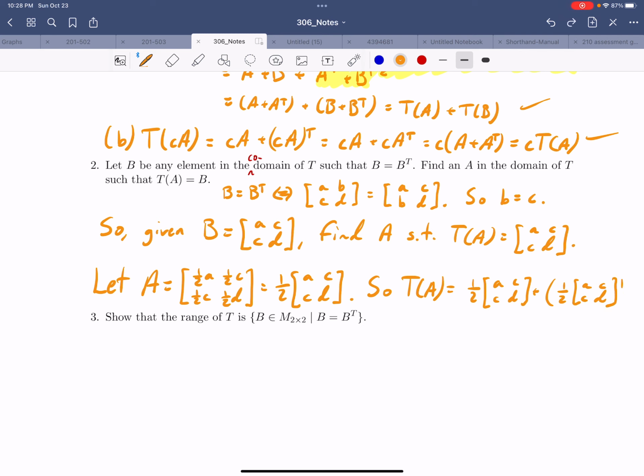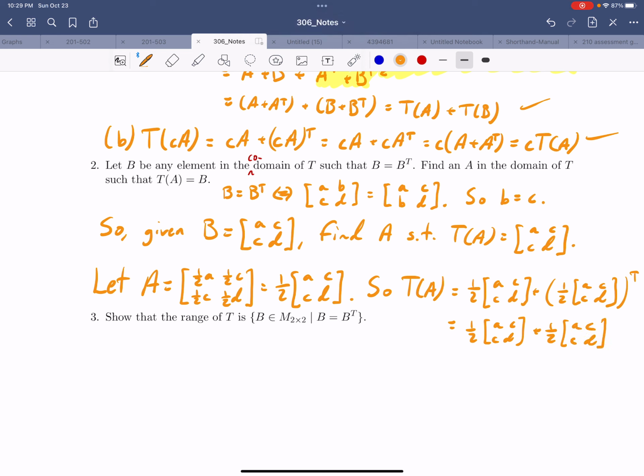Oh, whoop, no, hold on one sec. Transpose, right? But again, as we said before, it doesn't really matter if you transpose the scalar. That's still going to be 1/2 [a, c; c, d] plus, and also note that it equals its own transpose anyway, [a, c; c, d].